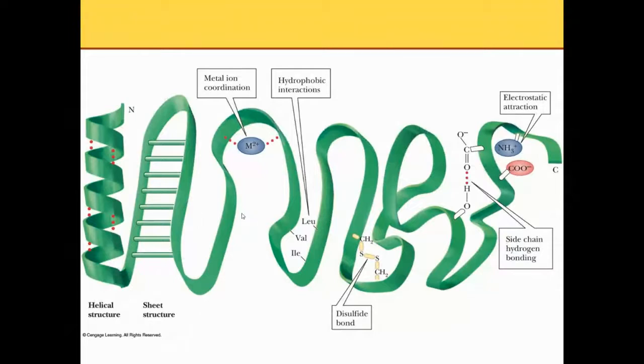So this shows you the interactions: the disulfide bond between the cysteines here, and then a hydrogen bond, and electrostatic attraction, an ionic bond, okay, hydrogen bond, and then hydrophobic interaction, okay.